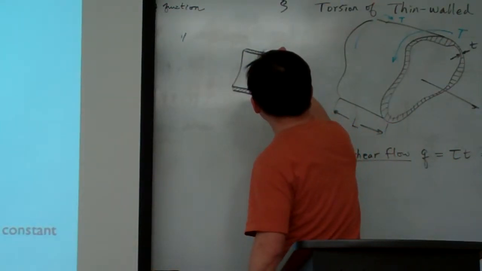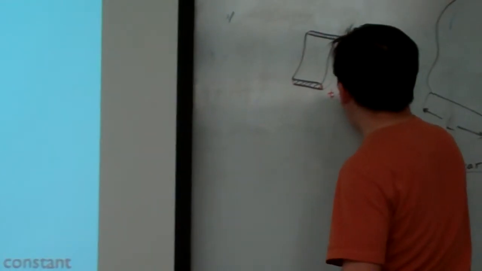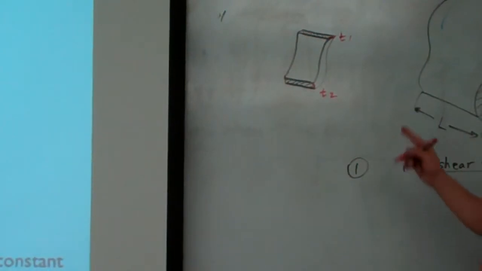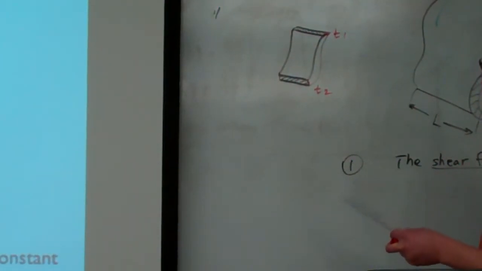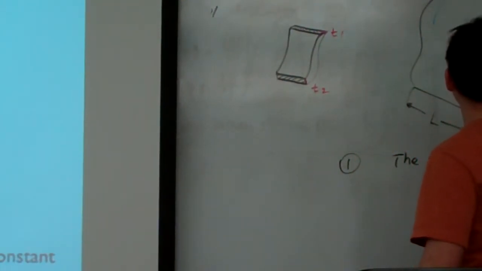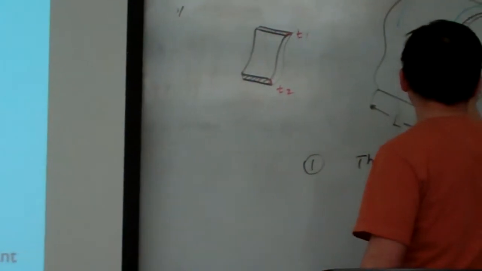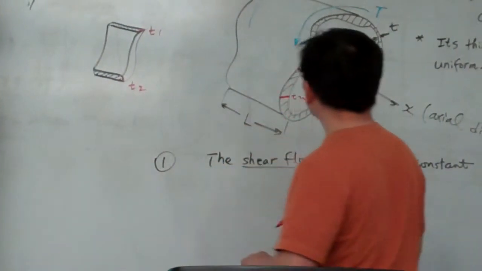Basically here is the thickness t1, here is the thickness t2, and t1 doesn't have to be equal to t2. So for example, this is t1, and here is t2. Okay.